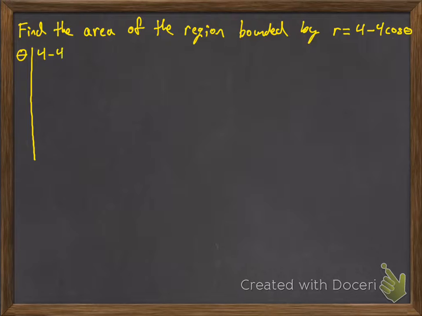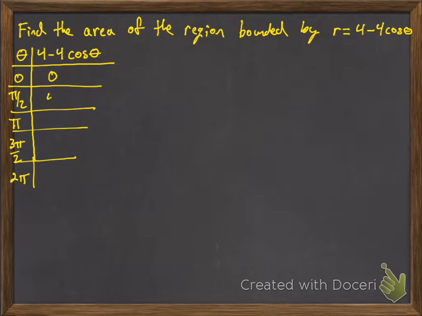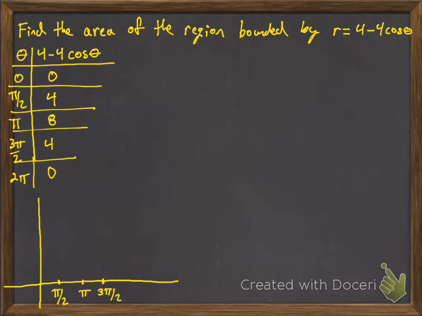So we'll first graph it like we would have in pre-cal or trig. We'll use those values, and when we plug them in, it's going to give us 0, 4, 8, 4, and 0. We'll plot that and then graph our cosine graph. One way you can think of this is it's the regular cosine graph.